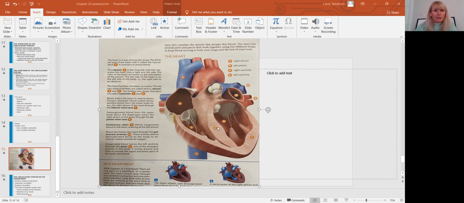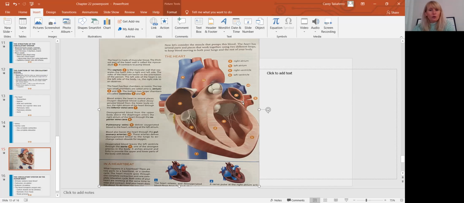The sides of the heart are based on the orientation of the person. So right now, this is a little weird to think about, but you kind of need to look at it in your mind backwards. So the sides are labeled from the perspective of the person that you're looking at. If this were someone's heart, it's kind of a mirror image to yours.